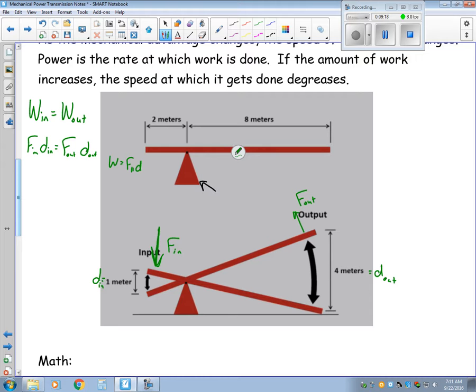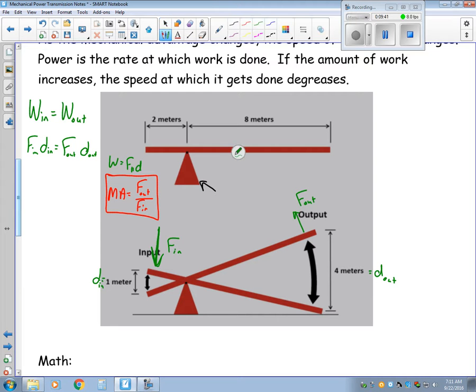And I can do a little rearranging, but before I do that, the definition of mechanical advantage is equal to the output force divided by the input force. So that's an important formula right there. That's our mechanical advantage.